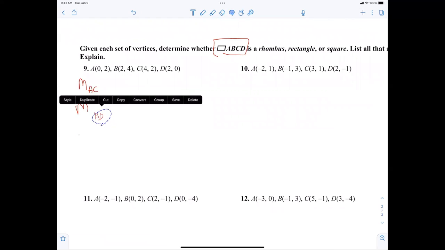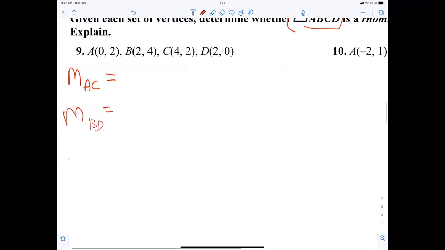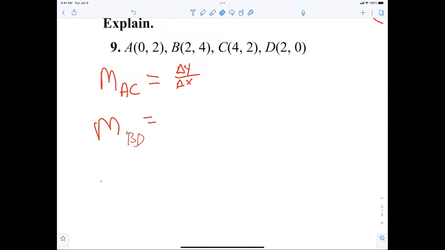Now we've done slope a million times, so someone tell me the slope formula again. Change in y over change in x. That's what I like. Delta y over delta x. So everybody's calculating the slope of AC, please. Is that 0? Yeah.